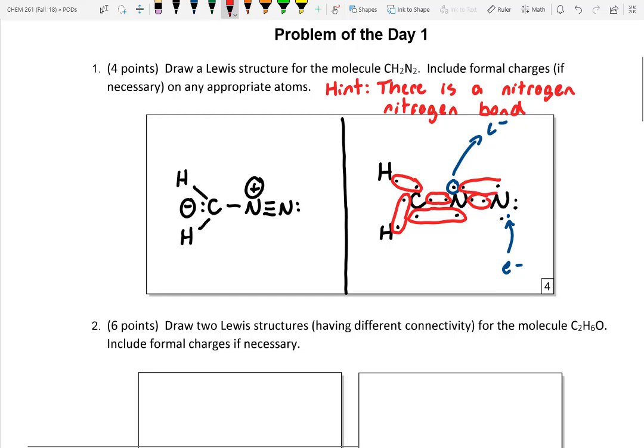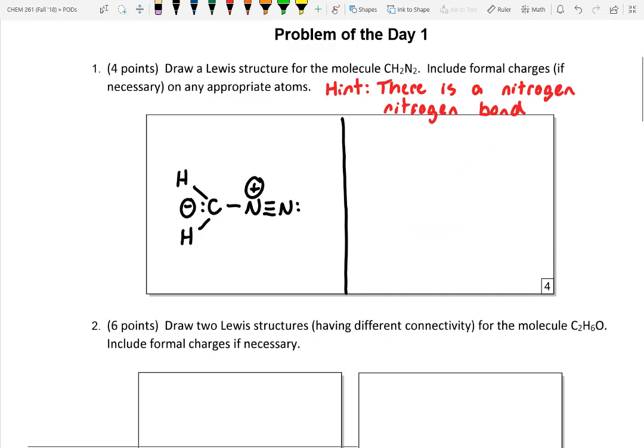Okay, so now we've got this. Let's clean this up and make it look nicer. So now we've got two structures. This one that we just made has two double bonds in it rather than a triple bond. We said we removed an electron from that central nitrogen, so this one would be positive.